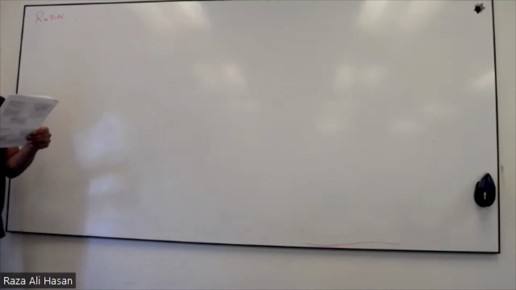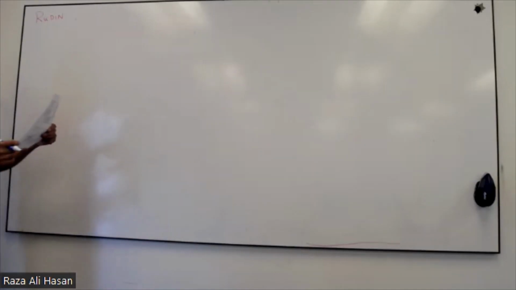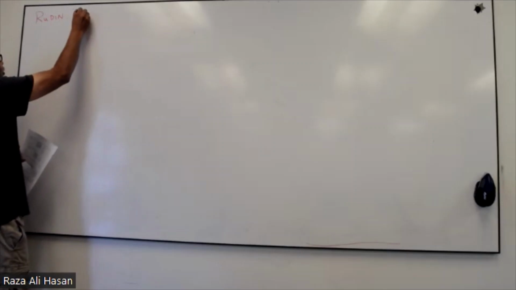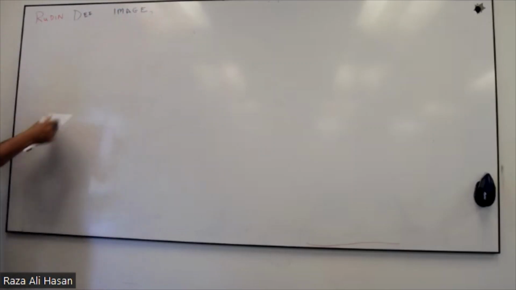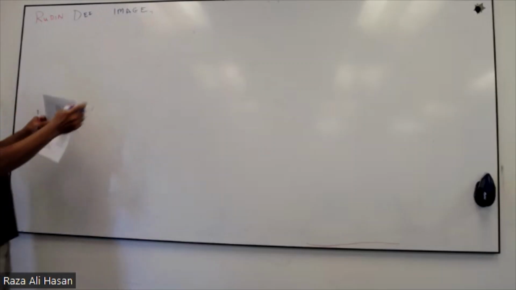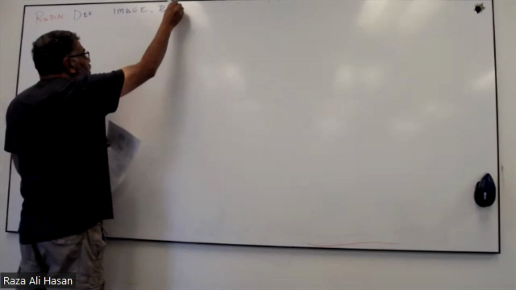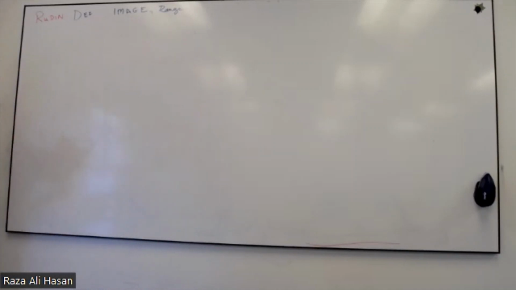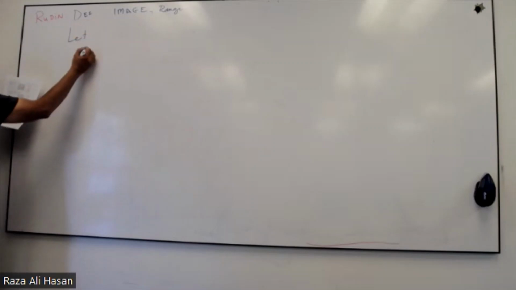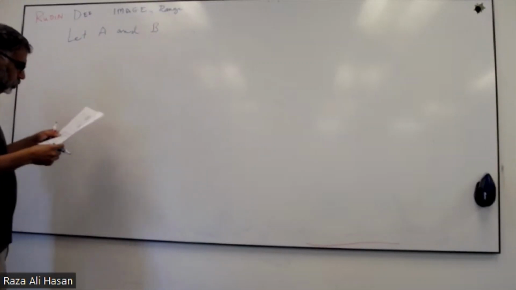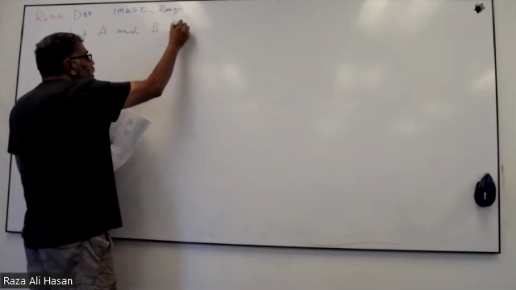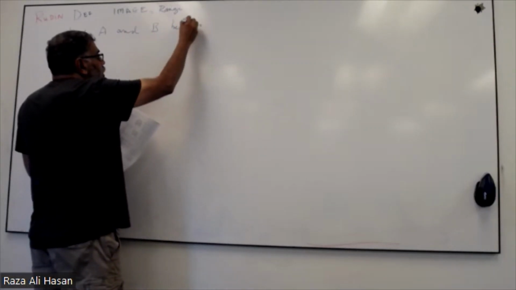All right, so this is a definition of terms, like what is an image? I don't really understand any of this, but we're going to continue doing this. Image and range. Okay, so the definition starts. Again, we are looking at how mathematicians talk about things. Let A and B be two sets.